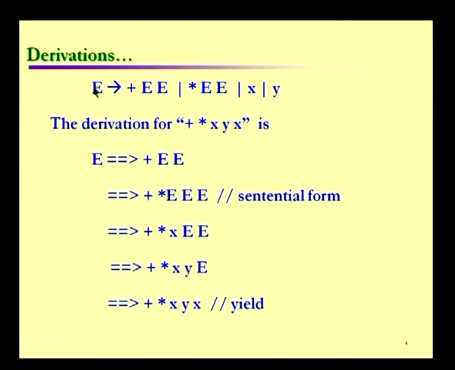We have the start symbol of the grammar, which is E. Because the first symbol in the string is a plus, and every right hand side starts with a terminal, we can deterministically select which production is to be used first.